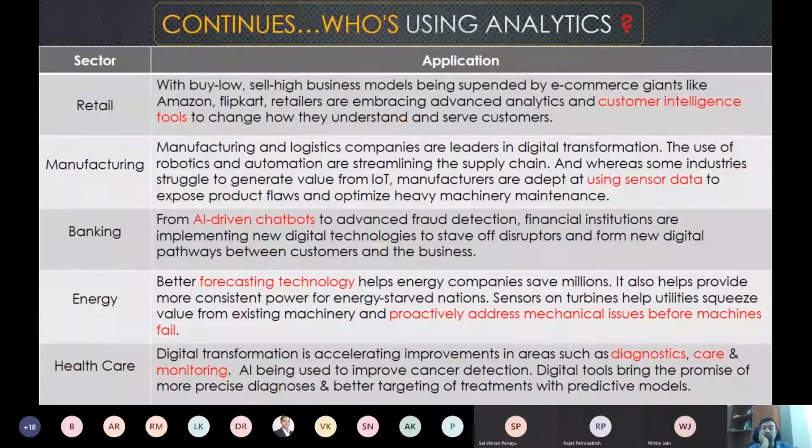In the case of manufacturing, it is also widely used. The use of robotics and automation is streamlining the supply chain, right? Use of various technology, you would have heard of IoT, right? Whereas some industries struggle to generate value from IoT, manufacturers are adept at using sensor data to expose product flows and optimize heavy machinery maintenance.